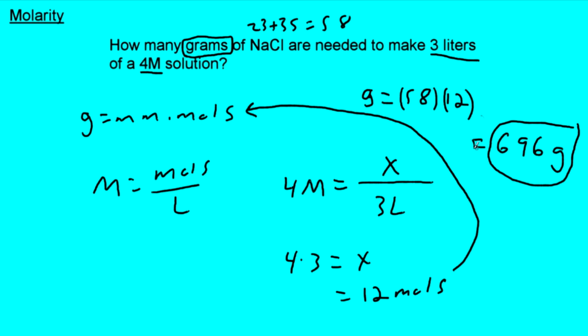This is typically how you would use molarity in real life situations in the lab, because you would have to weigh out 696 grams. You would end up dissolving it in 3 liters of water, and you would get your 4 molar solution.